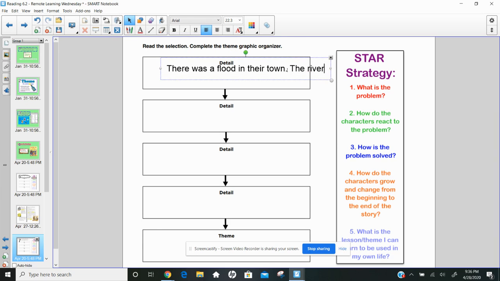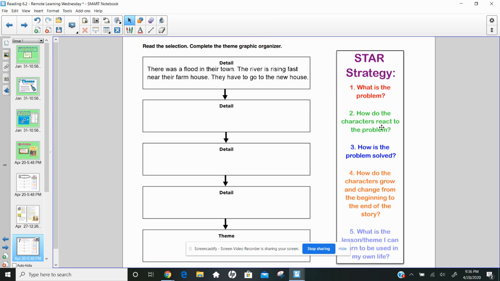The river is rising fast near their farmhouse. They have to go to the new house. So that's where we're at right now, thinking about what the problem is. It seems like a lot of problems so far, with thinking about that essential question.